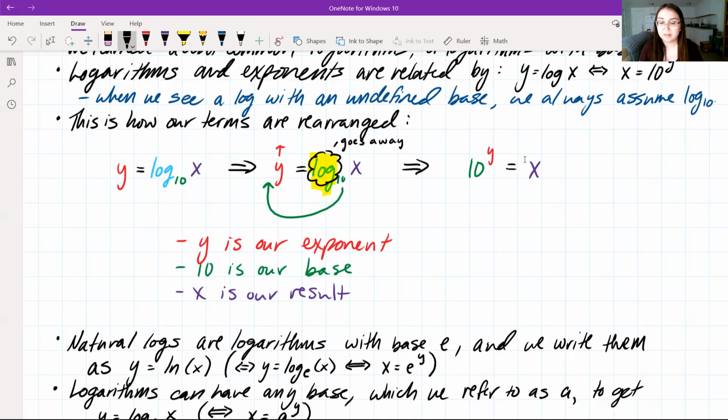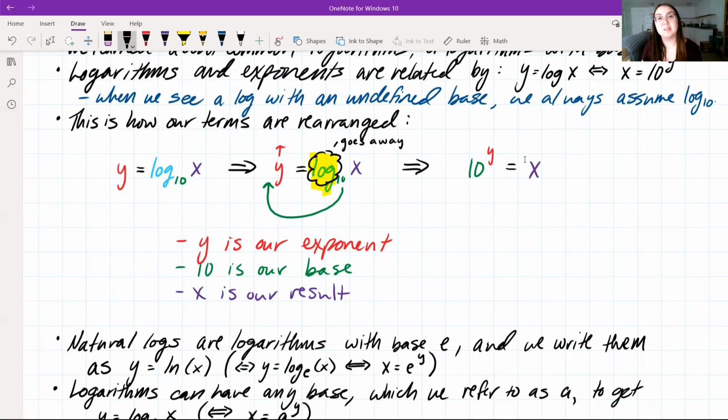When we write 10 to the y power is equal to x, that would be saying if y were 1, then 10 to the first power would be equal to 10, so x would be 10. If we rewrote it in logarithmic form, it would be 1 is equal to log base 10 of 10.